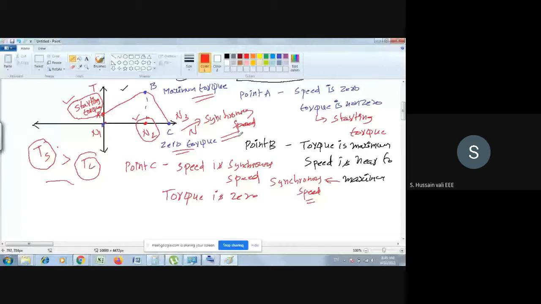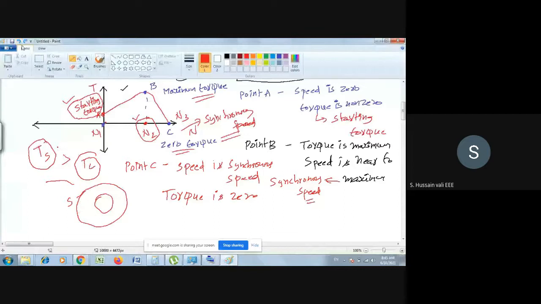Just now I told you that this is a stator and this is a rotor. The stator will produce a magnetic field that we call the rotating magnetic field. It means they have magnets. I will put some magnets here.